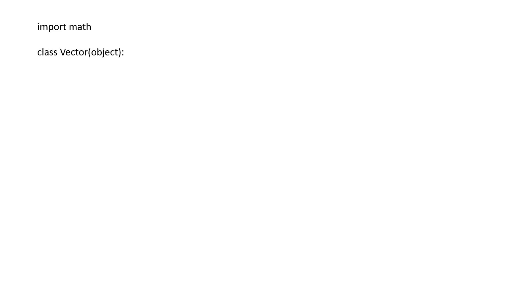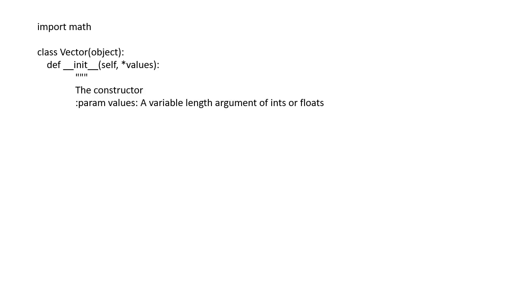All right, so what we can do, everything being the same so far, is rather than setting values, we could use the asterisk, the star here, which is the unpacking operator. And so what happens then, rather than requiring a list or a tuple, this gives us a variable length argument.